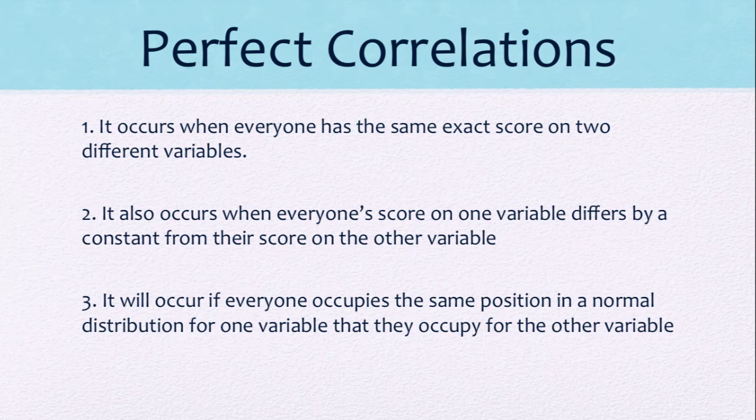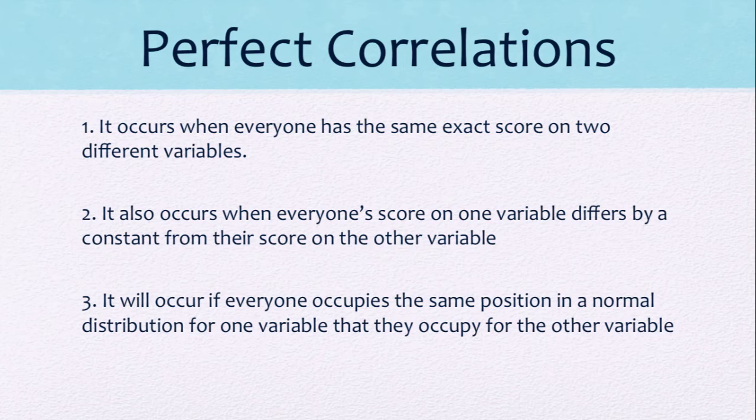And one great example of this is looking at z-scores, for instance, right? So z-scores give you the relative location of a particular raw score in a distribution. So let's say we're looking at the relationship between GPA and study time.